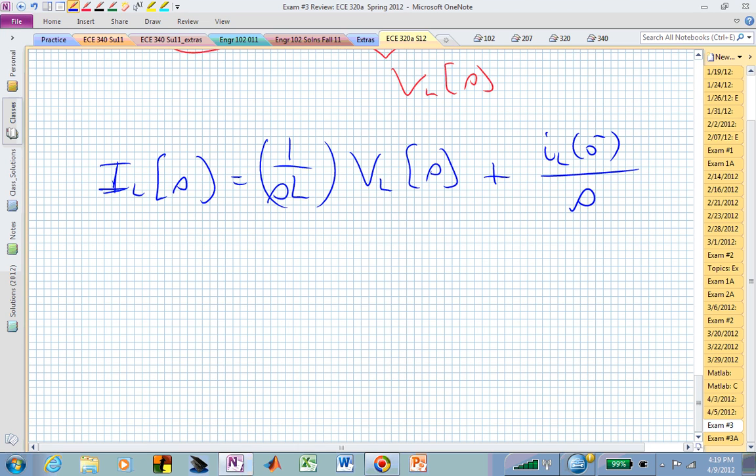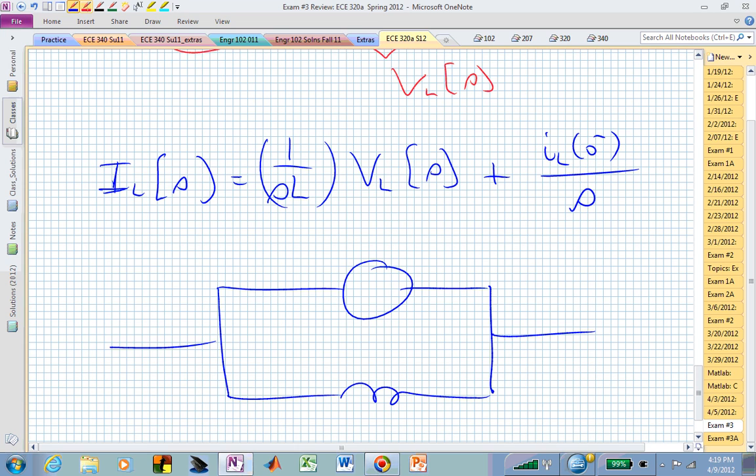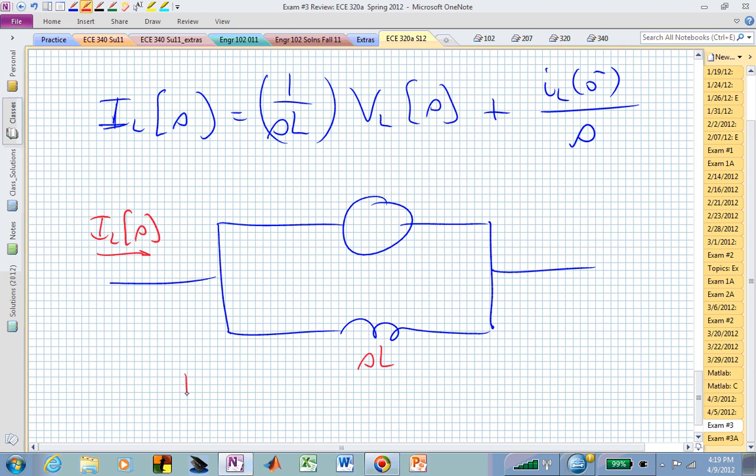And correct me if I'm wrong, but this is now the nodal form of that inductor's relationship that you would use. And I like to be very explicit with this and say, I have my inductor current really consisting of two parts. Here's the first part, and here is my impedance, where this is the total drop across that inductor.